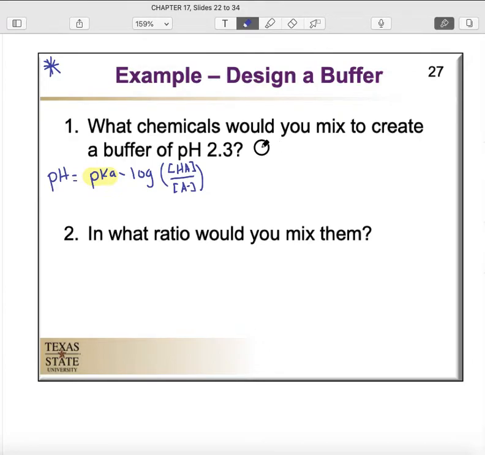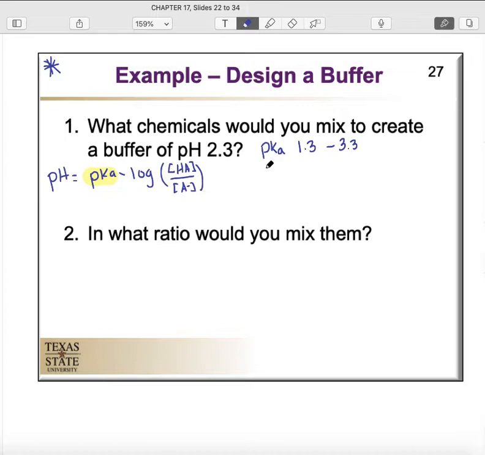So we want a pKa in the range of 1.3 to 3.3, plus or minus 1 unit from the pH that we are interested in. And from there, we can figure out what Kas would be associated with that.